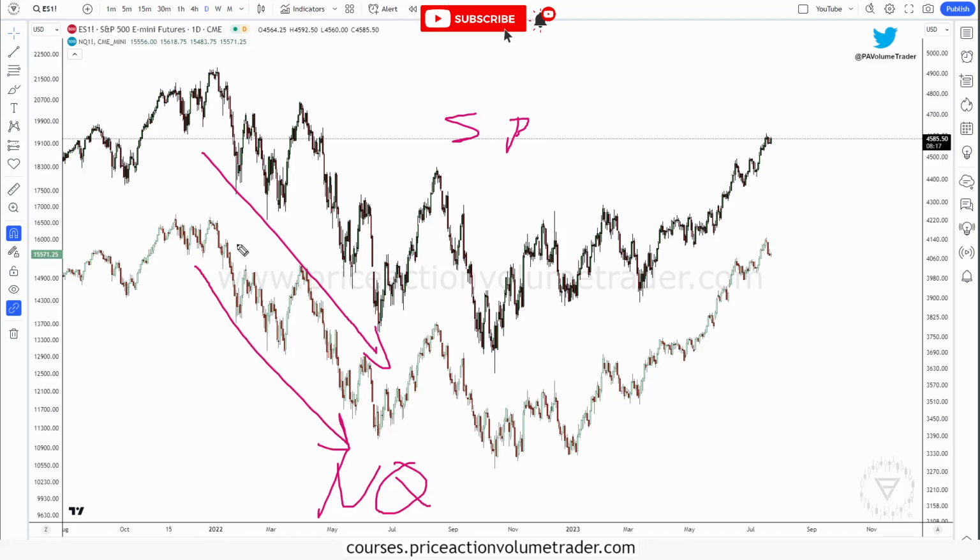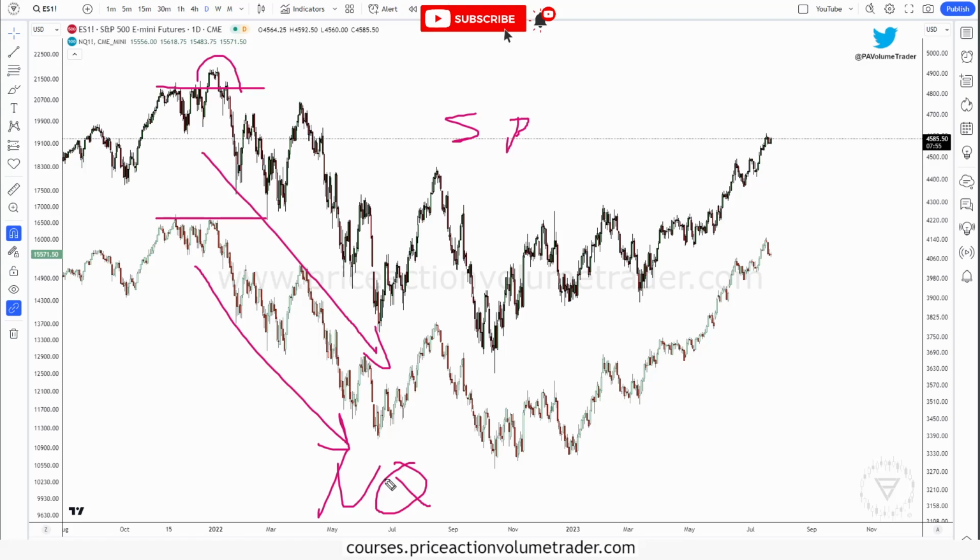Now, they're not exactly like one another. Like you can see, for example, here, we had these 2 highs that we broke above. Whereas on the NASDAQ, you can see we have like a double top here, and here we have a little deviation. So there's a few slight differences as we can expect.